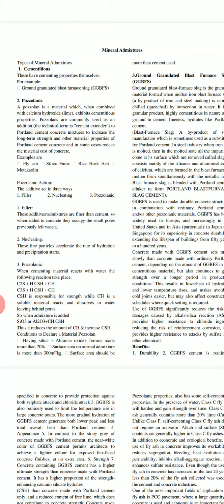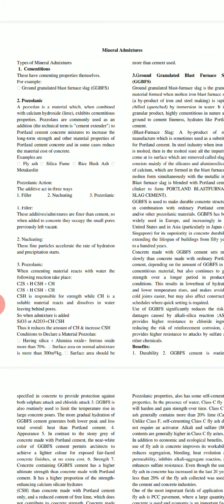When you use fly ash or silica fume, there are fewer vacancies or pores. When the voids are fewer, the concrete achieves good strength. Hence fly ash, silica fume, rice husk ash or metakaolin can be used as a filler.